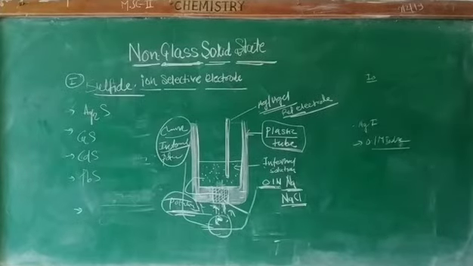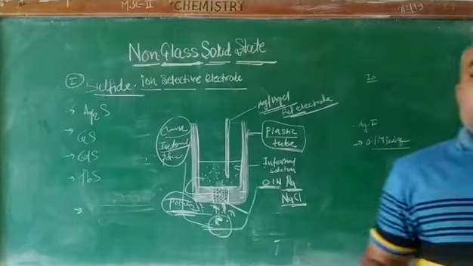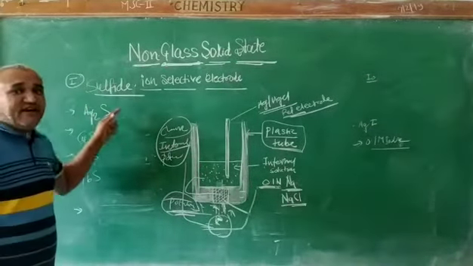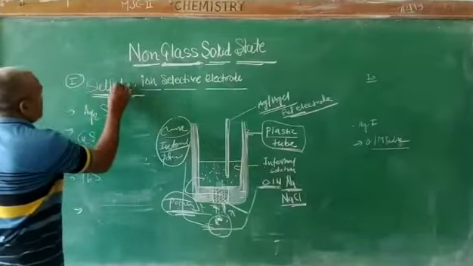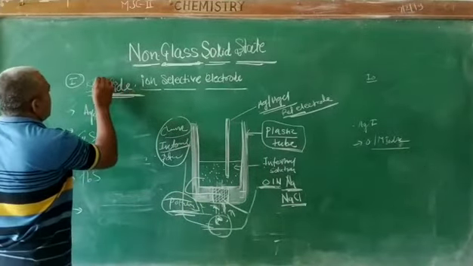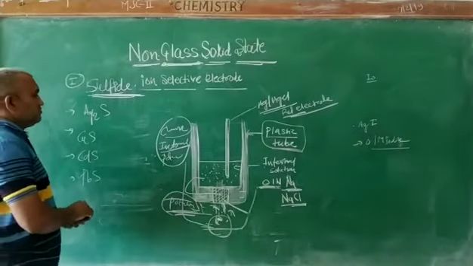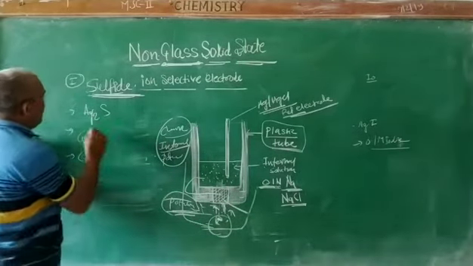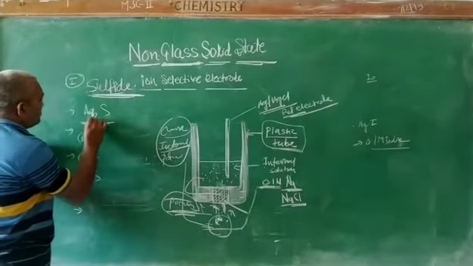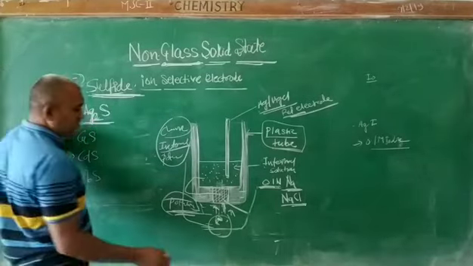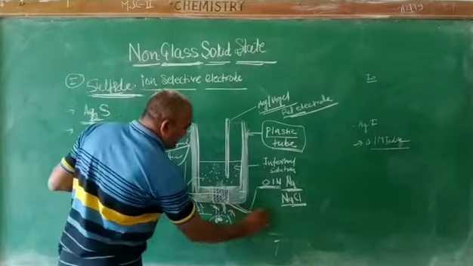So next, the non-glass solid electrode is for determination of sulfide ion. The sulfide ion uses Ag2S. Here we put an Ag2S metal.